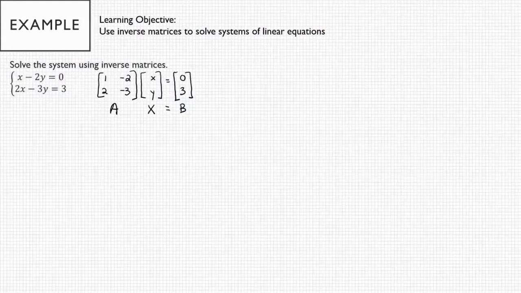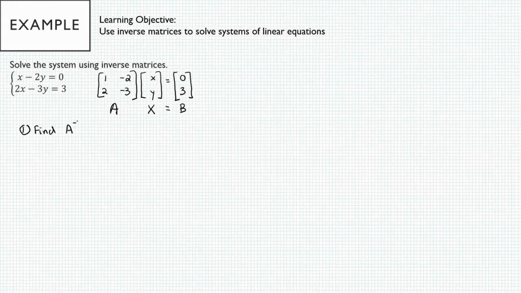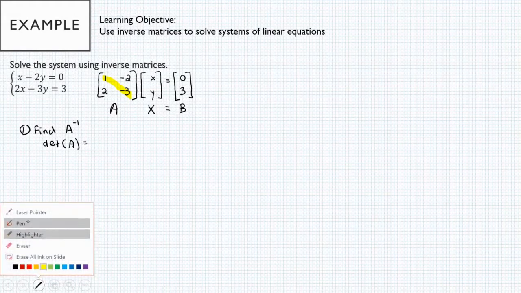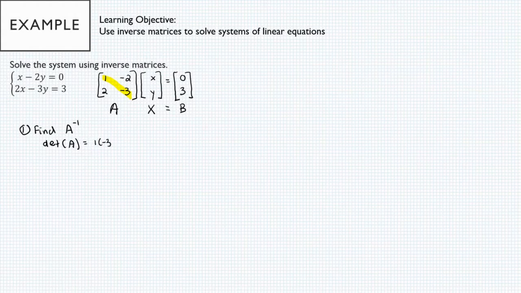The first step is to find the inverse of A. I'm going to do this using the method I just showed you with the determinant, because in this case it is much faster. So I'm going to use the shortcut. The determinant of A: my first diagonal is 1 times -3, minus the second diagonal, 2 times -2.